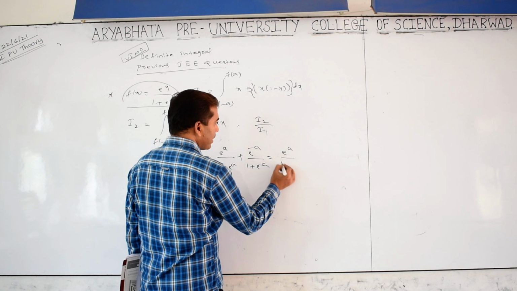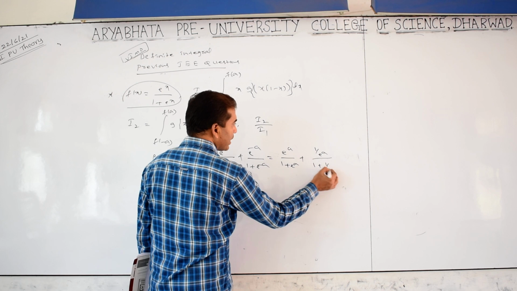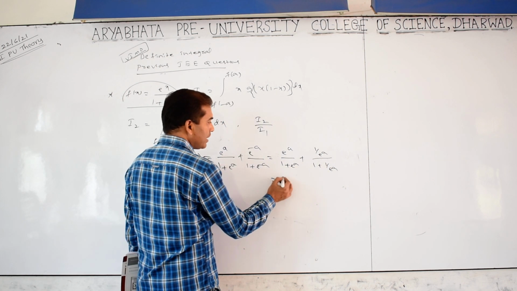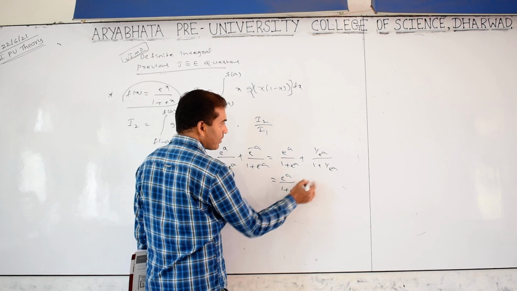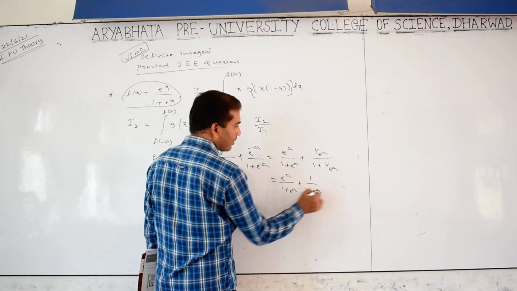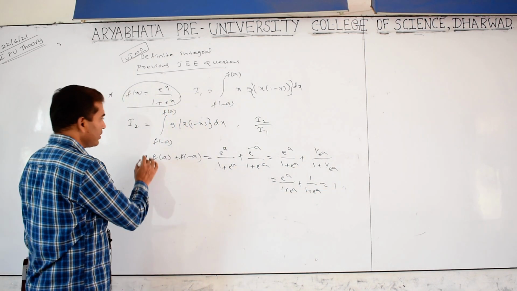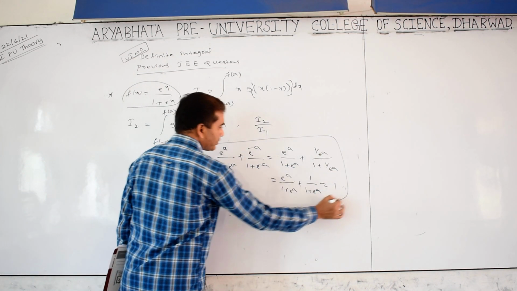Multiplying by e power a, it comes to 1 by 1 plus e power a. Numerator and denominator get cancelled, so one value. This is equal to 1.